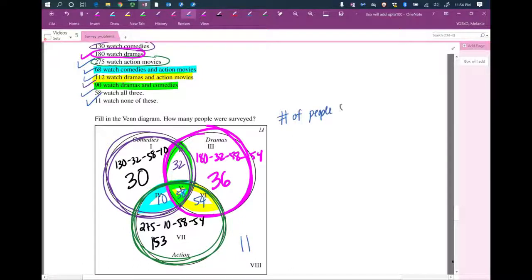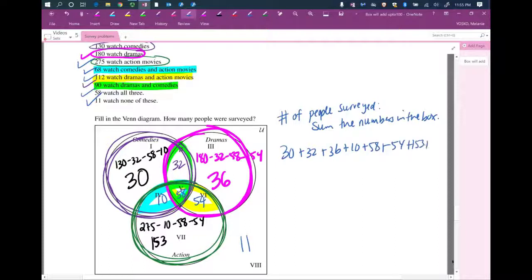The number of people surveyed will be the sum of everybody in the box. Sum the numbers in the box. Okay, so we're going to get 30 plus 32 plus 36 plus 10 plus 58 plus 54 plus 153 plus 11.